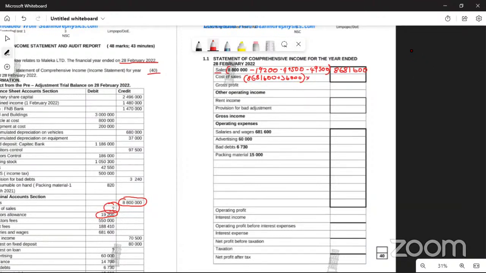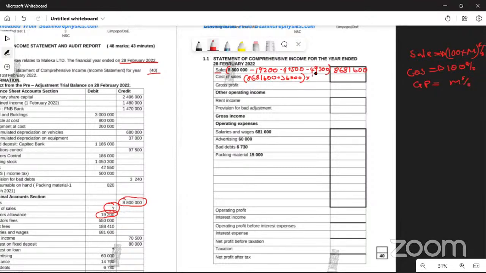Remember, cost of sales is always equivalent to 100%, then the gross profit is equivalent to the markup percentage. I hope it makes sense.